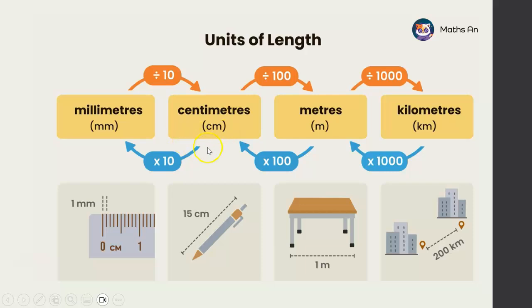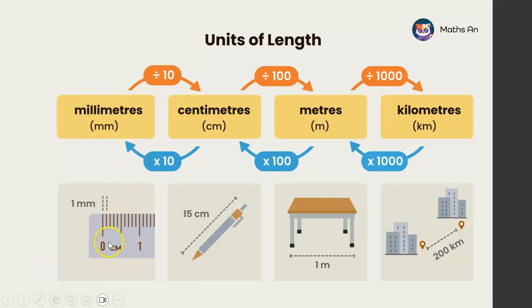Well, there would be 10. Why? 1 centimeter is 10 millimeters. Well, how many centimeters are there in a meter? There's 100. So what's 100 times 10? Well, it's 1,000. So that's where I get my 1,000 millimeters in a meter. So each centimeter has 10 millimeters.